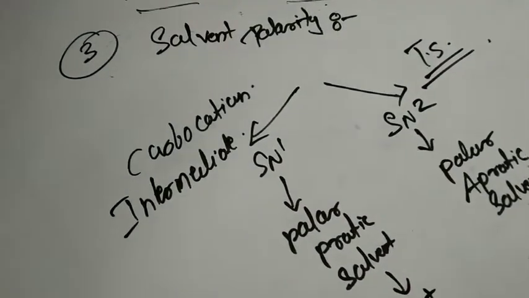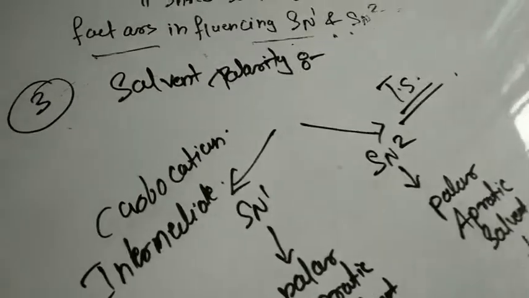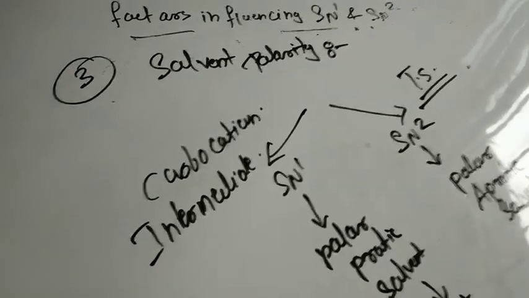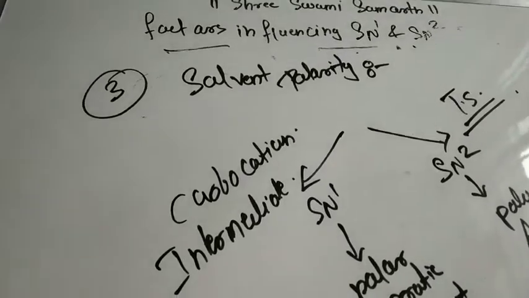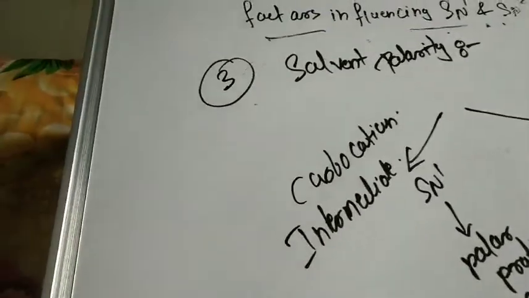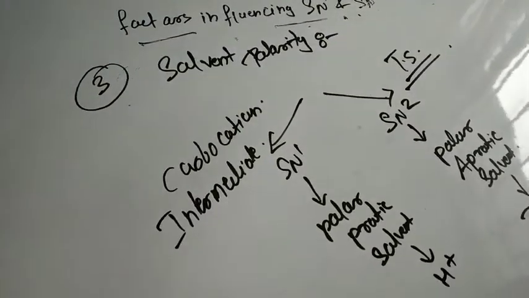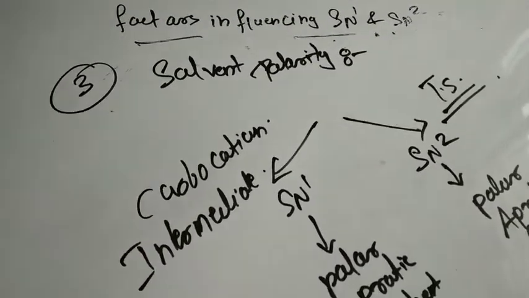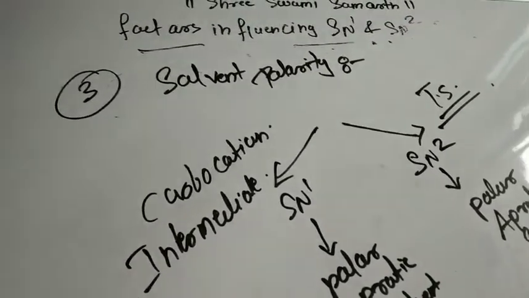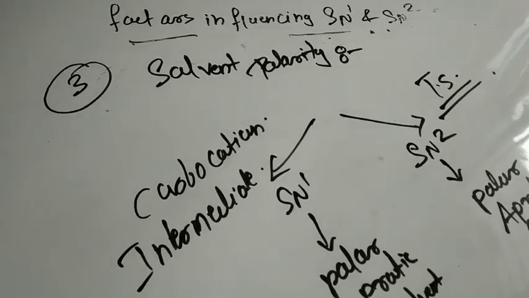These are the three most important factors affecting SN1 and SN2 reactions. What are these factors? Factor number 1, nature of substrate. Factor number 2, nucleophilicity of the reagent. And factor number 3, solvent polarity. So I hope, my dear students, that you all have understood this concept. Thank you very much.